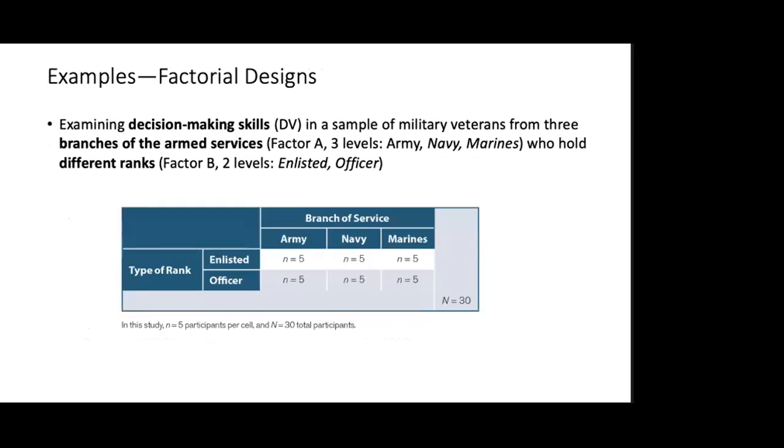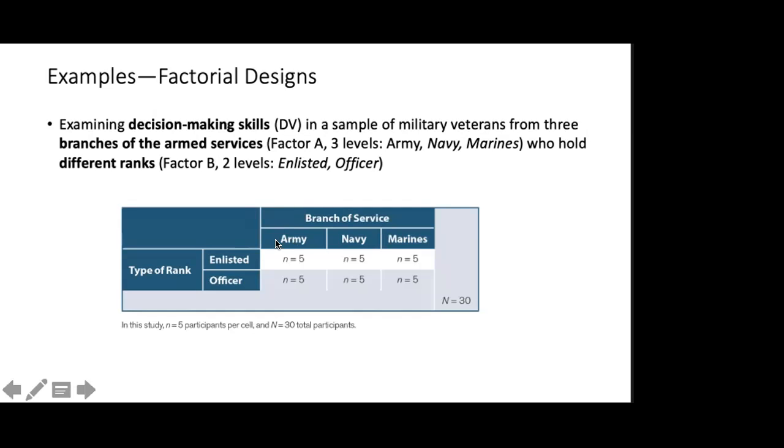So here is an example, also from the social sciences, where we have decision-making skills as a dependent variable, and there are 2 independent variables. The first one is the branch of the armed services, so whether it's army, navy, or marines. And the second factor would be rank, right? So we have 2 levels only for rank: enlisted or officer.